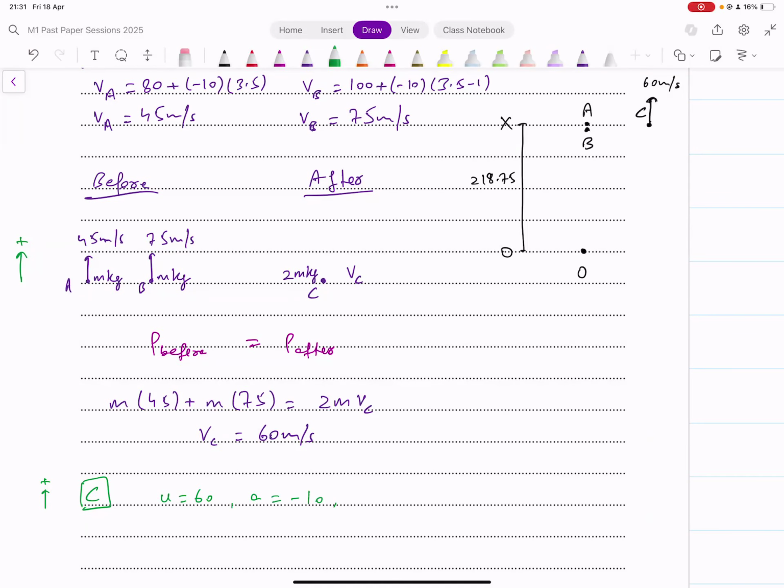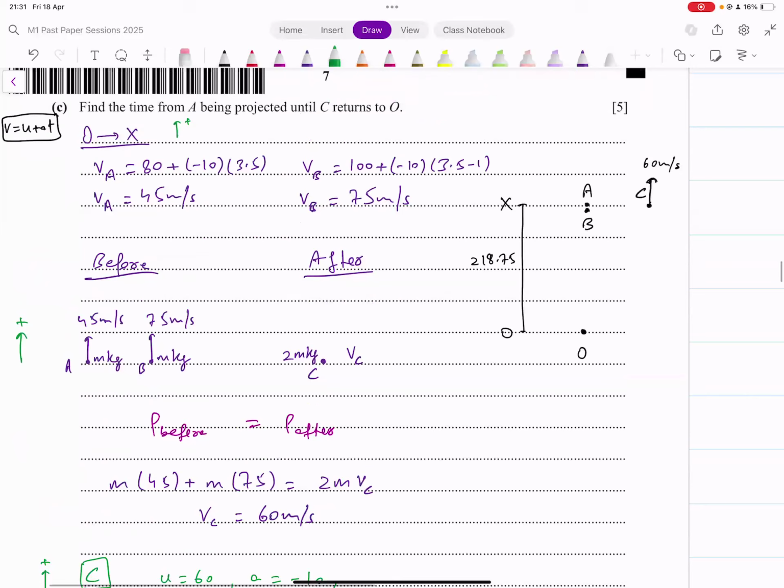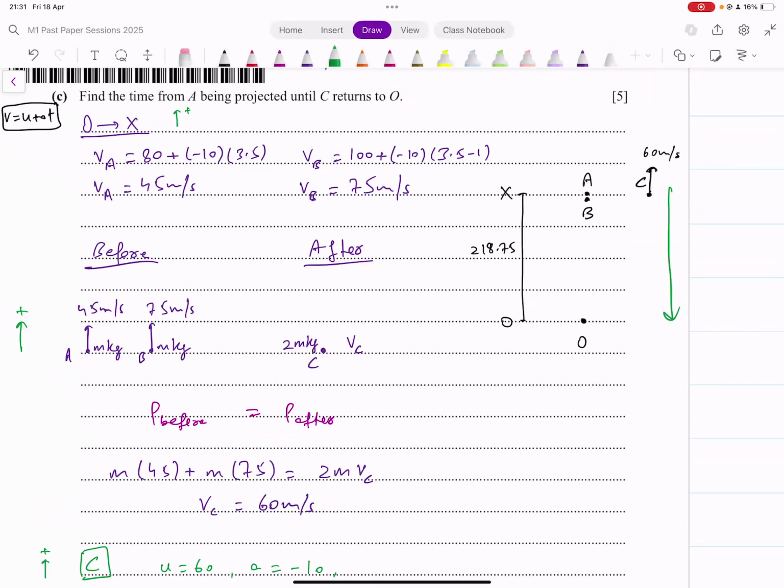What else do we know? We know the displacement. We want the time until C returns to O, right? What's the displacement going to be? It comes from this point to the point O. It has to go down, right? We know the height of that point is 218.75.